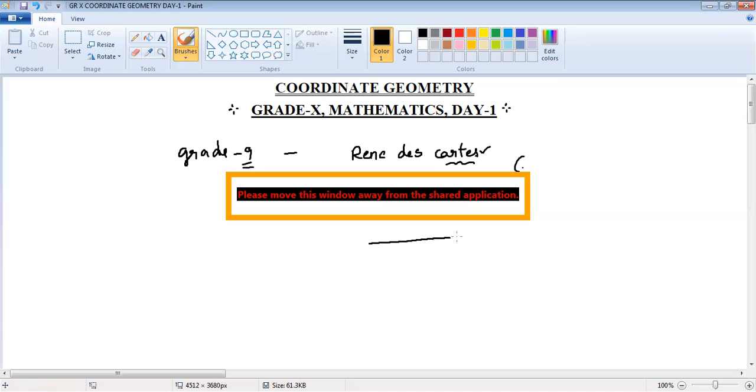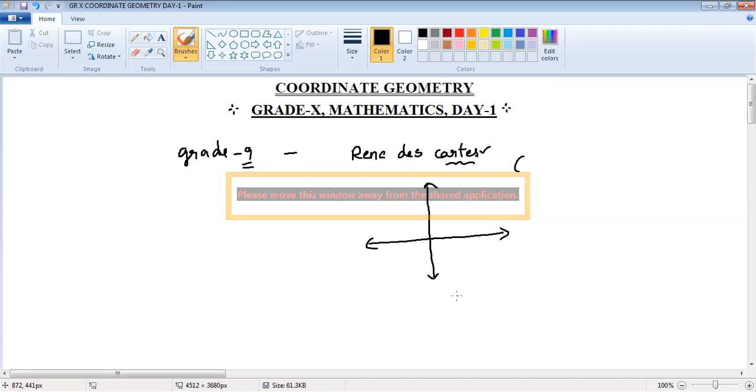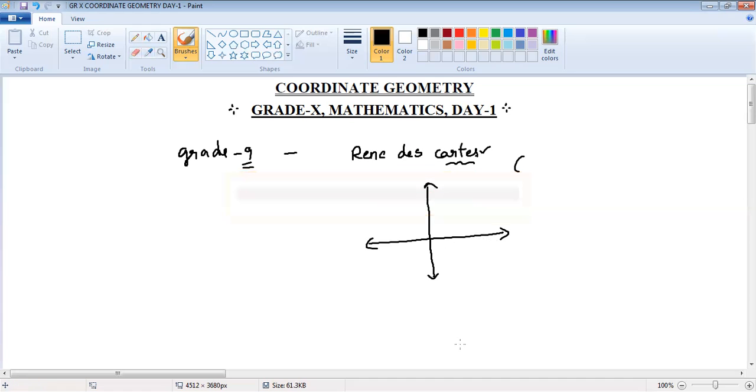For this, you take two axes, the xy axes. These xy axes divide the total plane into four quadrants. He named them quadrant one, Q1, Q2, Q3, Q4, and each axis is divided, x axis and y dash here.